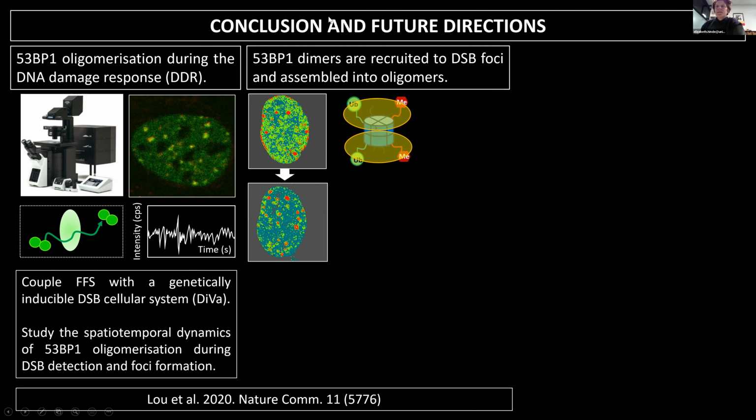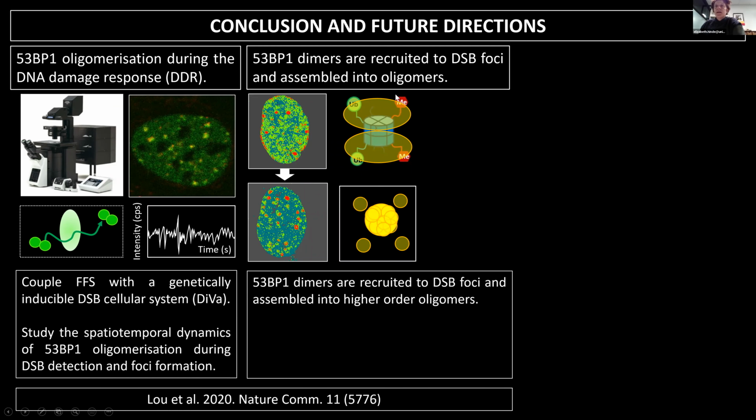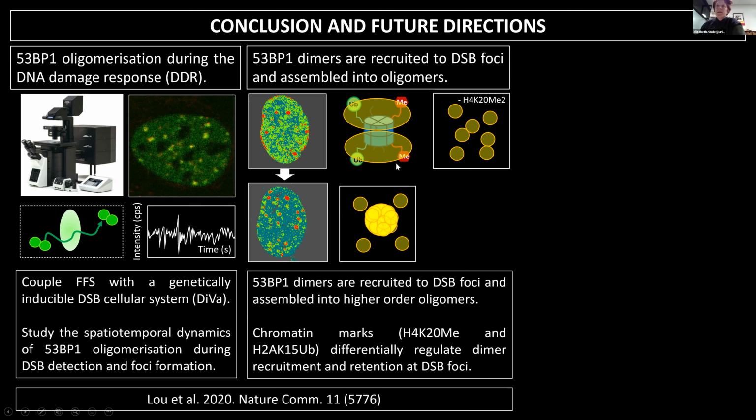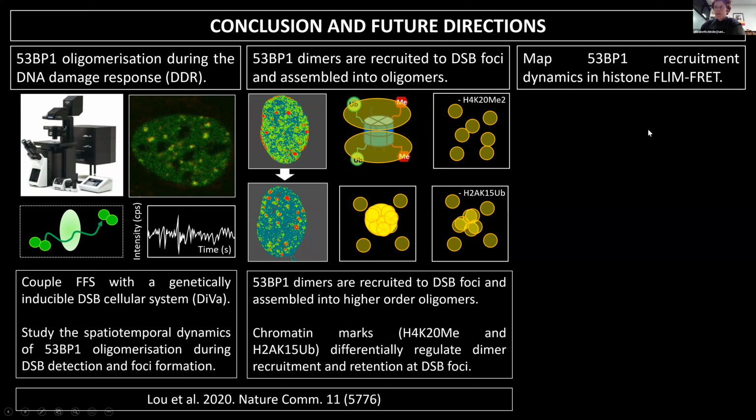We find that there's a pre-existing pool of 53BP1 dimers and that they do bind as a dimer to this structure. And the different histone marks at this structure have a different role in terms of retaining 53BP1 dimers at this location. In particular, we saw that the H4K20 methylation mark is important for retention, while the H2AK15 ubiquitination mark is important for the recruitment to these locations in the first place.